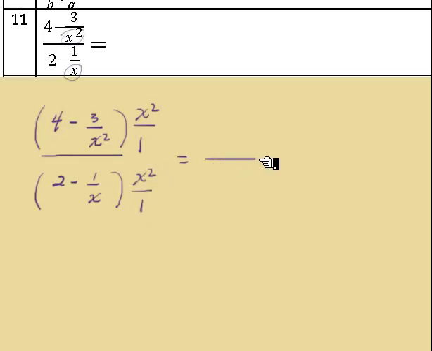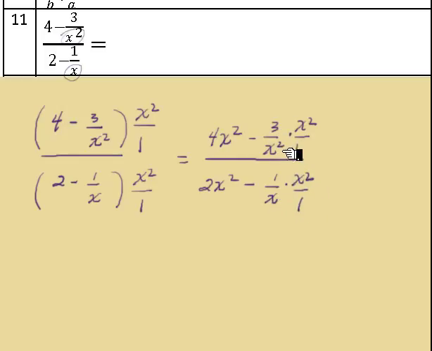So first we'll just do the distributive law, multiplying through. Here we have 4x squared minus 3 over x squared times x squared over 1. And in the denominator, first we have 2x squared minus 1 over x times x squared over 1.